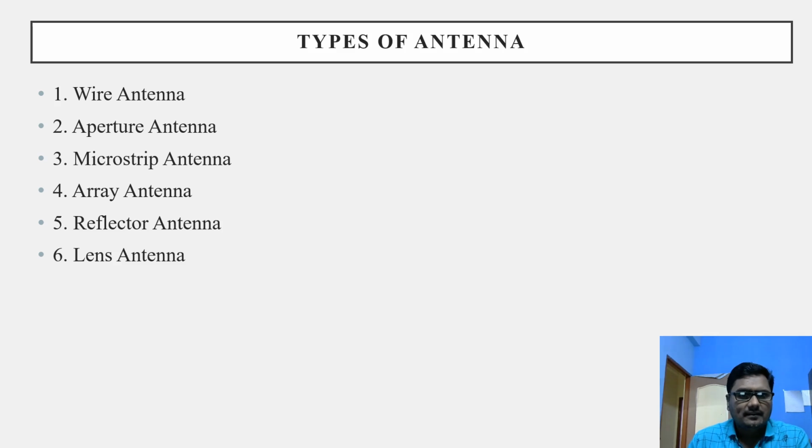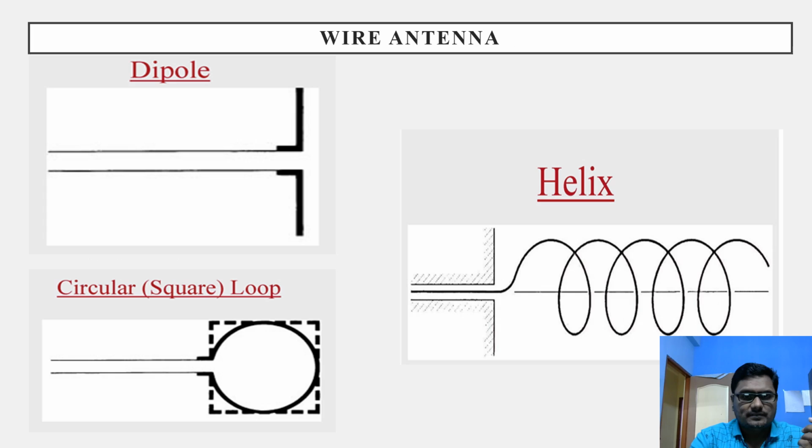For the time being, just have a look at how wire antenna looks like. What is the microstrip antenna? Let's start with the first one, that is wire antenna. See, dipole. A simple dipole is a kind of wire antenna. Look at this. That part is an antenna. What is the transmission line?